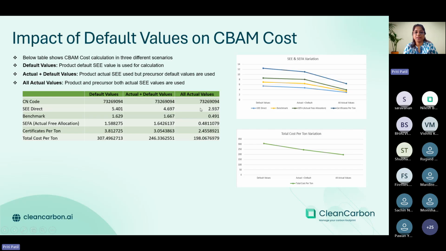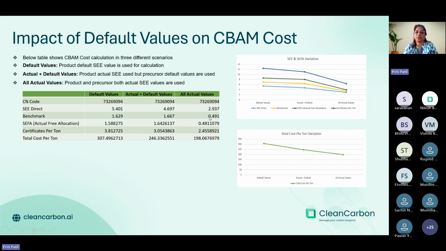So you can see the SEs are so different in all these three scenarios. Then let's calculate the benchmark in all these scenarios. So will the benchmark change? Since there is a default value in the picture, the benchmark is also higher for default values, 1.629 and 1.667. These are the two values.